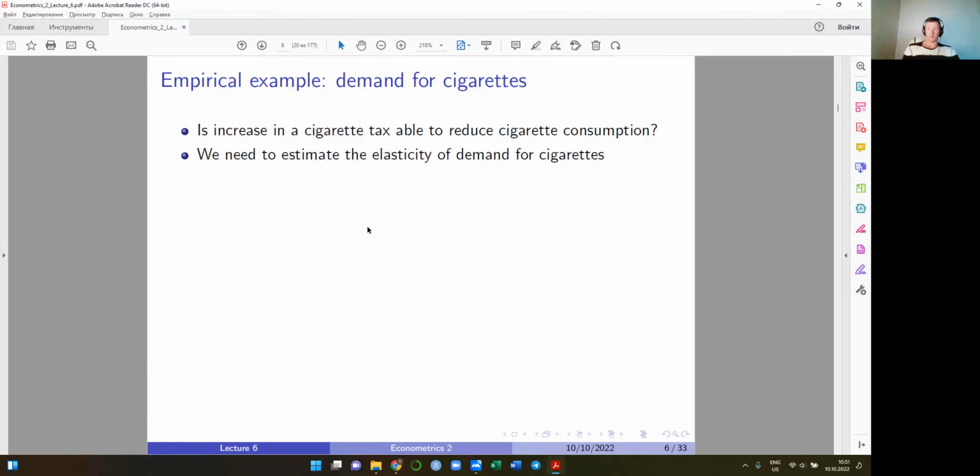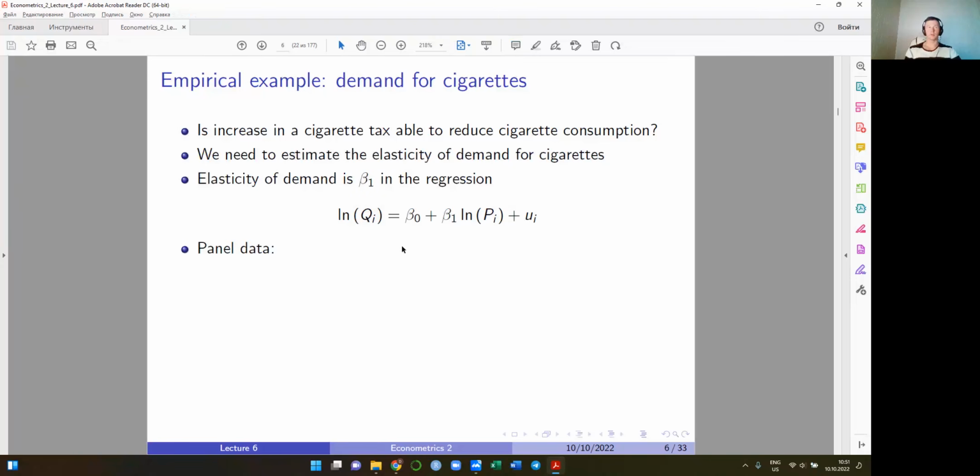So in order to estimate this elasticity of demand, we need to use a log specification in the following way. We want to regress the log of quantity demanded on the log of price, and we will get this linear model, log model. But we have discussed last time that the simple, straightforward OLS would not work.